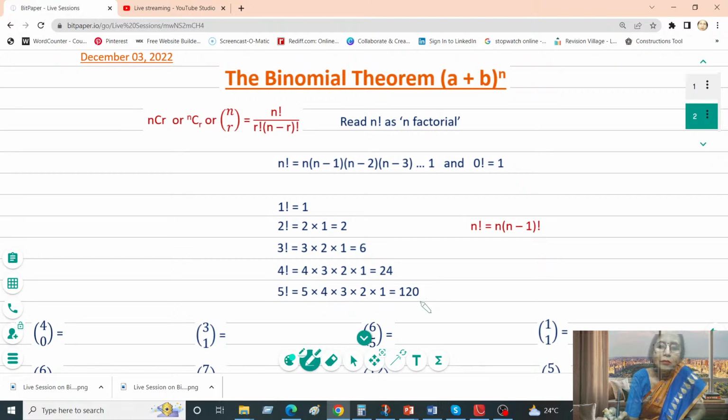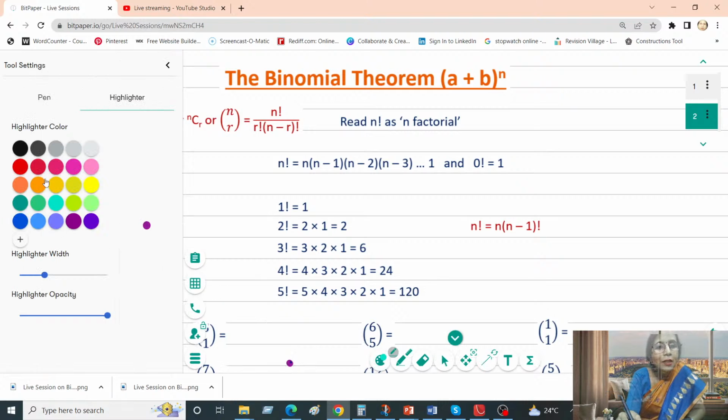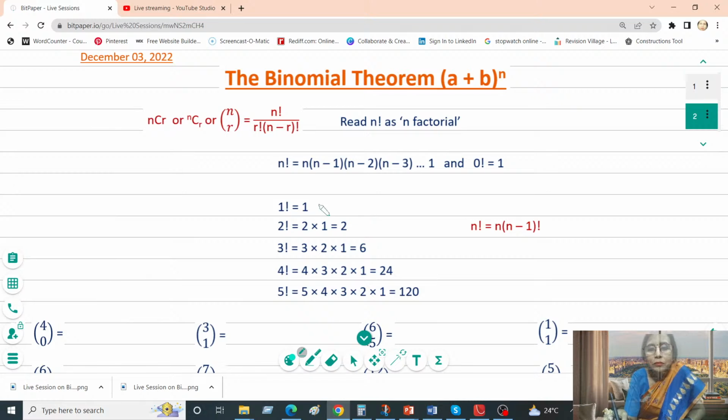Okay, so now we see one relation. Suppose we are taking 3 factorial. This part, 2 times 1, is equal to 2 factorial.